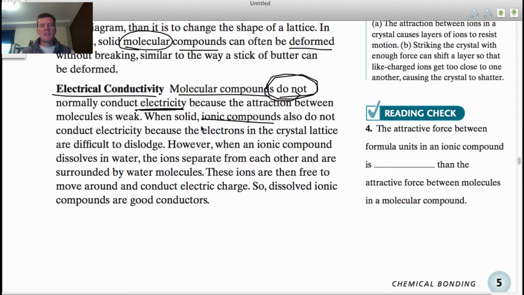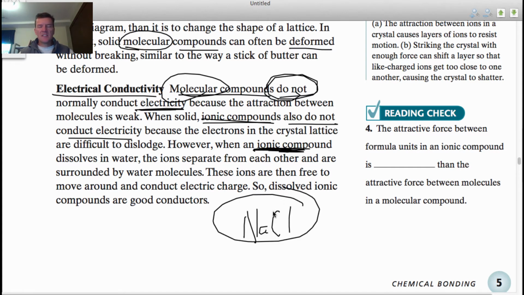Let me repeat that. Molecular compounds do not conduct electricity. Ionic compounds also do not conduct electricity as solids because the ions are stuck together. They're not moving. For example, salt, sodium chloride, as a solid is not going to conduct electricity.